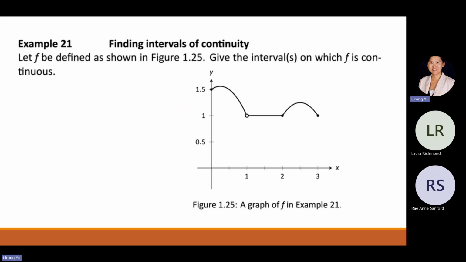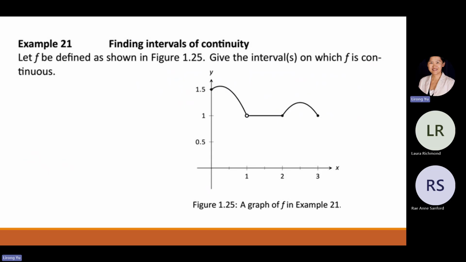Whenever you pick any value in the middle of 0 to 1, you can always approach from left and right, and they all arrive at the same thing. So we do have a limit for all those points between 0 and 1 until we reach 1. At 1, we would have a left limit, we would have a right limit. However, there's no function value. Any question? To have continuity, we have to have a left limit, we have to have a right limit, we have to have the function value, and the function value has to equal the limit.